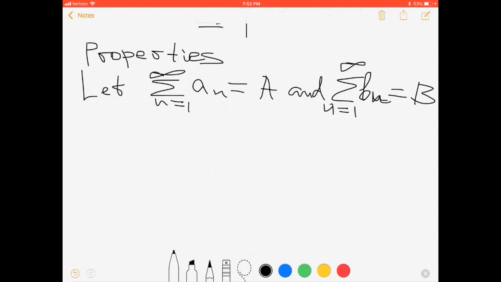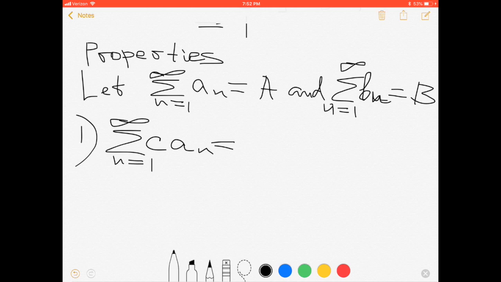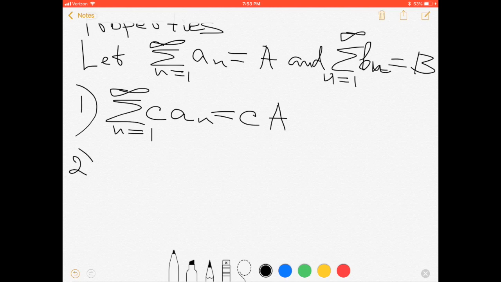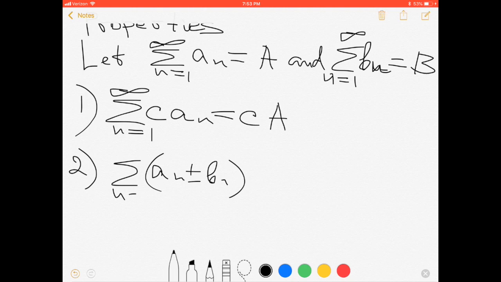Then we have this kind of property. First one, if you multiply each term of your series by the same constant, this means the sum of the series will be multiplied by the same constant. And second one, if you add or subtract corresponding terms of two series, then it means you add or subtract the sums.